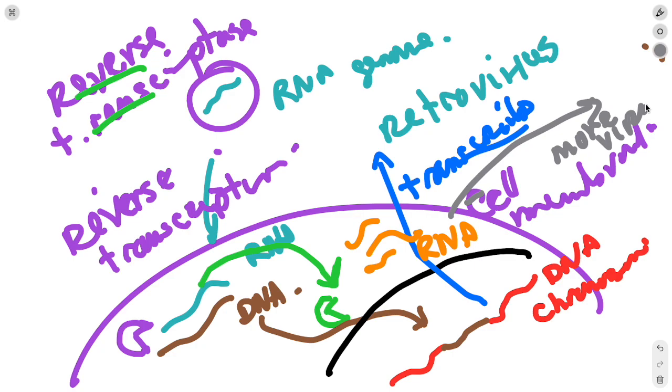Yeah, okay, yep. So, do retroviruses typically not kill the host? That's a good question. You would say that they don't kill the host cell, but whatever cell they're infecting is really struggling, and that's what happens with HIV.